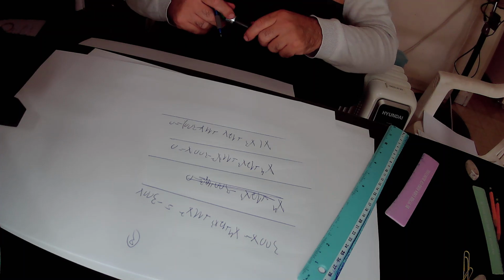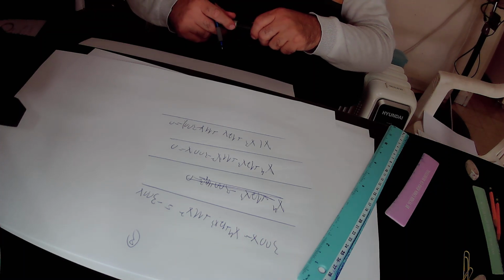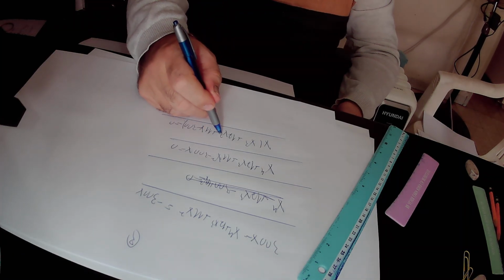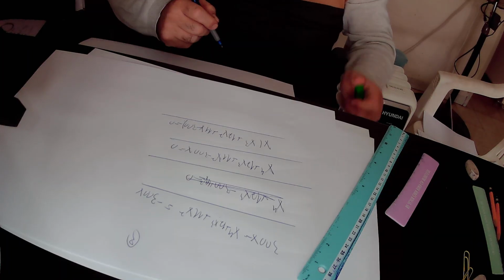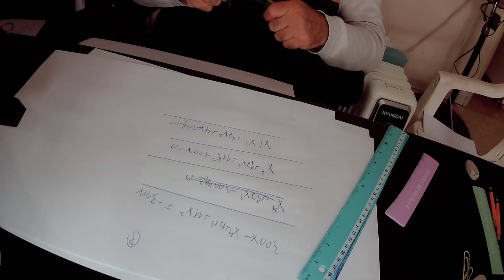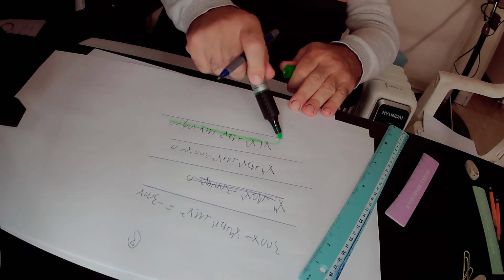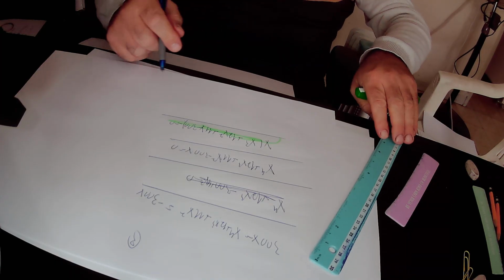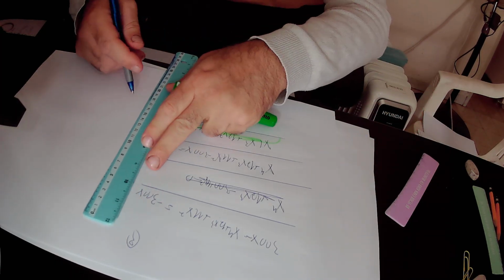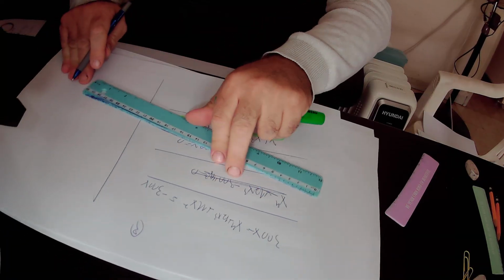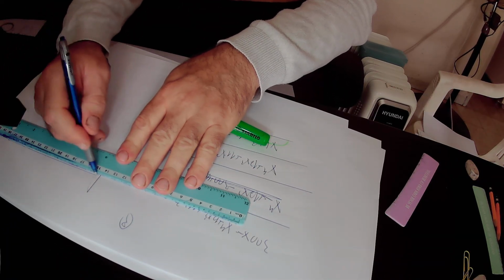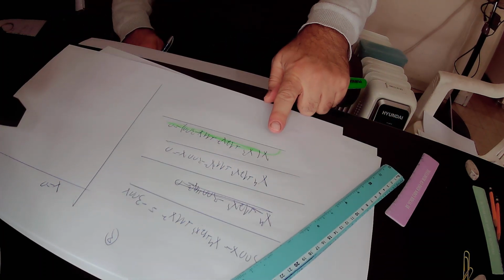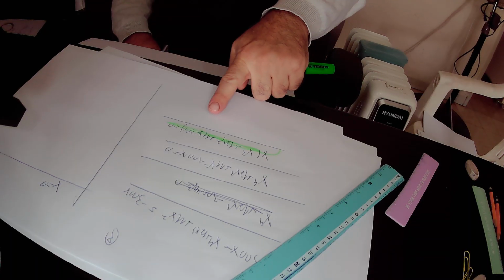This equation, x times (x cubed plus 12x squared plus 11x minus 300), has two solutions. The first solution for this equation is that x equals 0, and if x equals 0, then 0 times anything is 0.